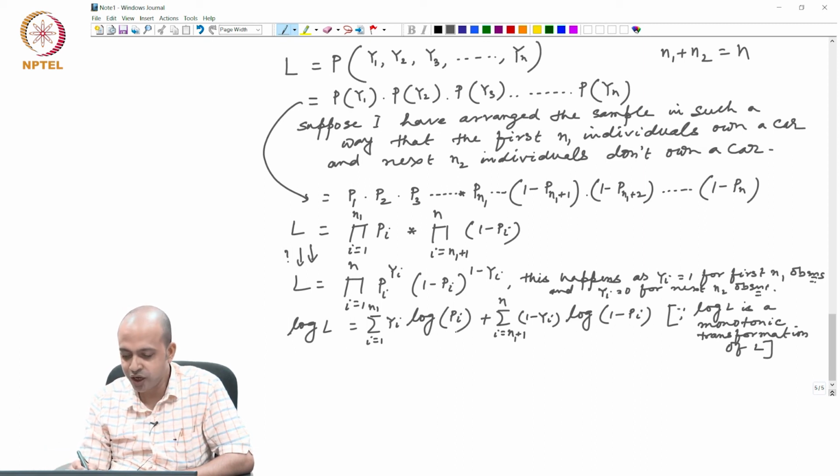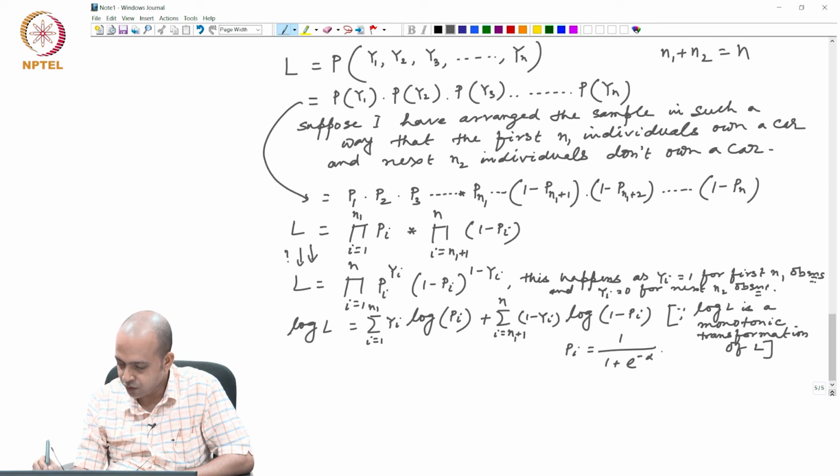Now, you can substitute the value of pi. What is the value of pi? pi equals 1 by 1 plus e to the power minus alpha plus beta, sorry, this is your pi.